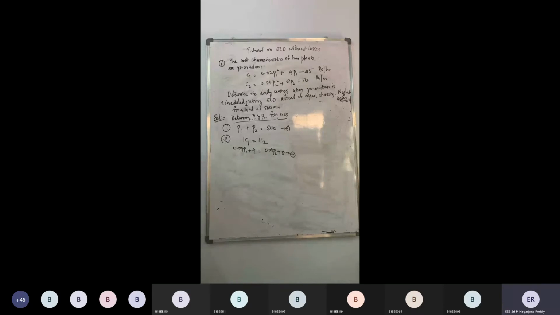Okay. Now, solving. Equation number 1 is P1 plus P2 is equal to 500. Now, rearrange the other equation, you will get P1 minus P2 is equal to 100.